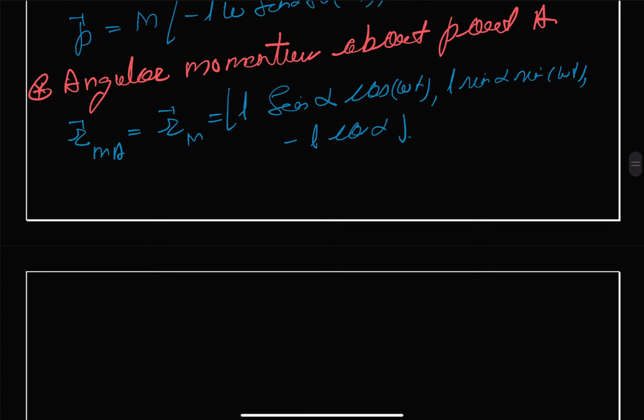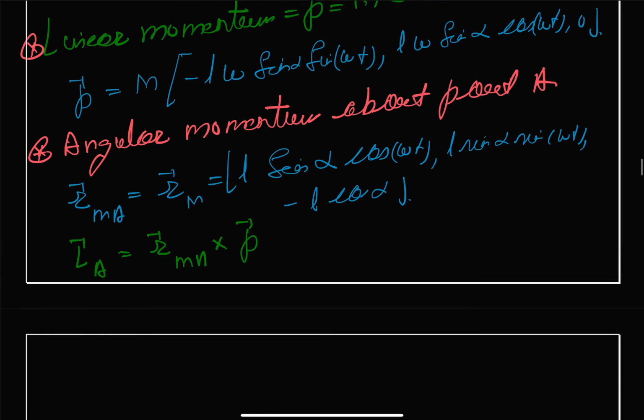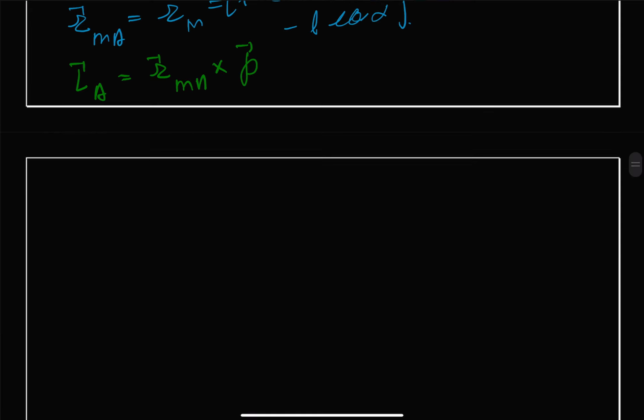The angular momentum with respect to A will be equal to R_MA cross P. Let me write P in terms of the vectors.